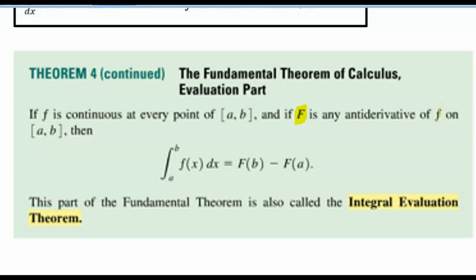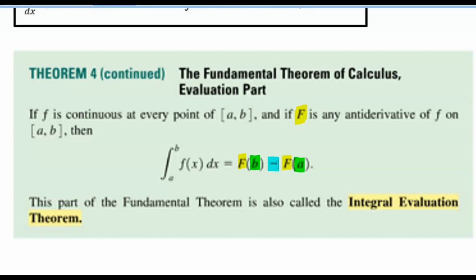Then you would take the antiderivative to get F, evaluate it at a and b respectively, and then find their difference. So this right here is the evaluation portion of the fundamental theorem of calculus. Some books will call it the integral evaluation theorem. It's real simple.